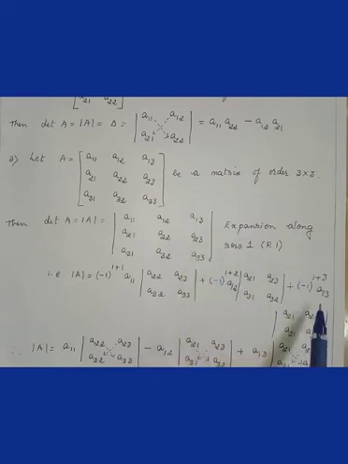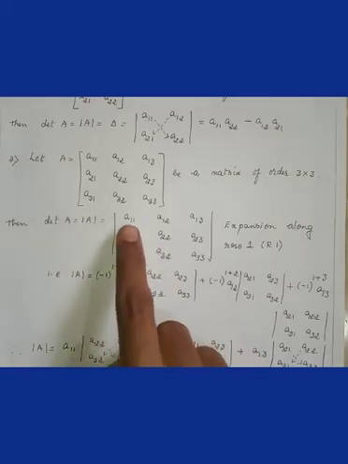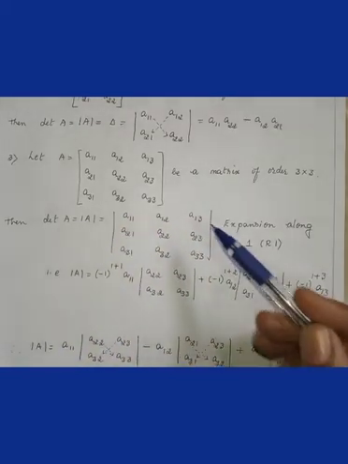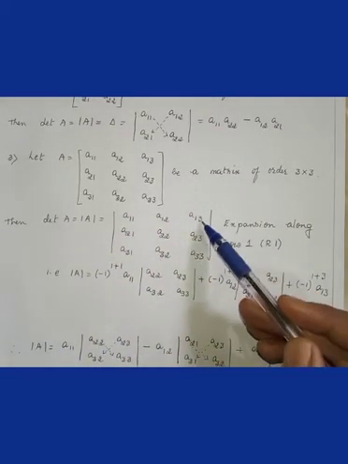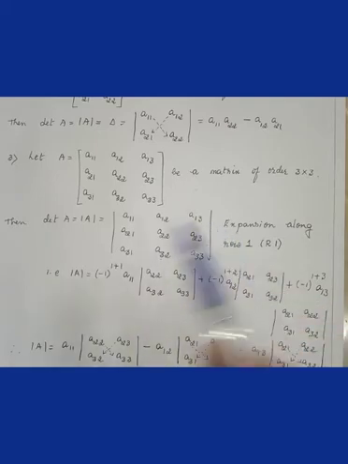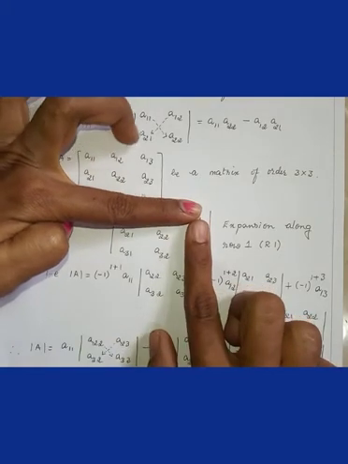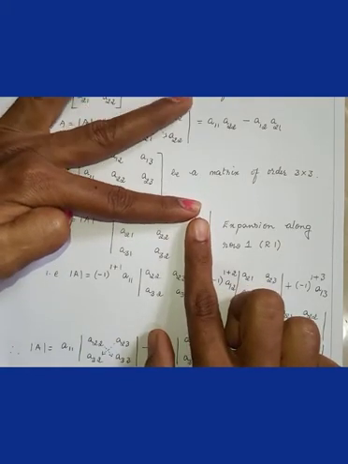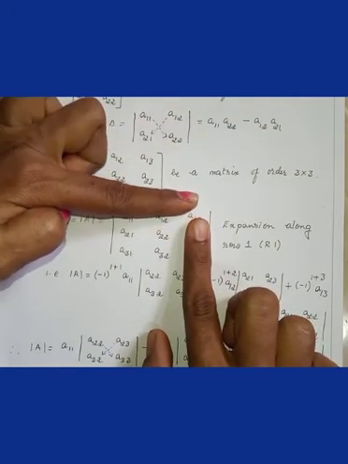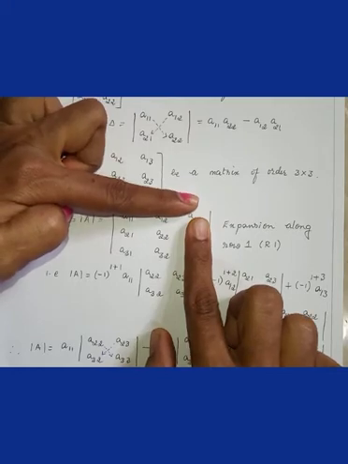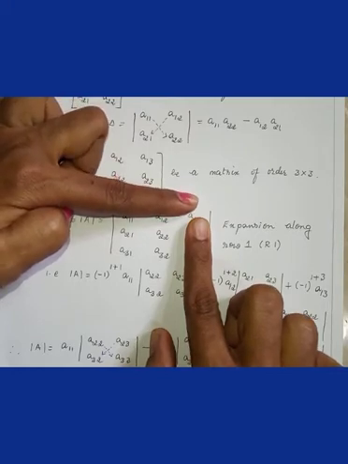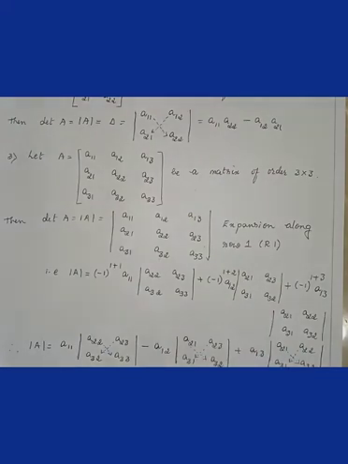You have to write A13 into, delete the first row and third column in which the entry A13 lies. If you delete the first row and third column, what will you get? A21, A22, A31, A32, isn't it? So that is a determinant.